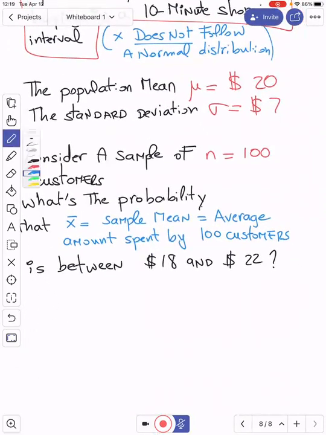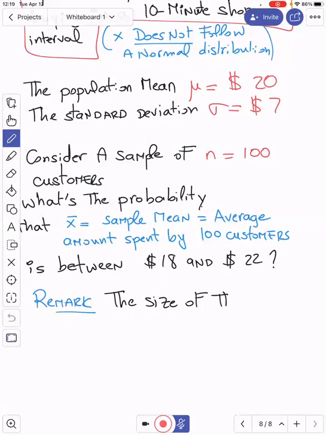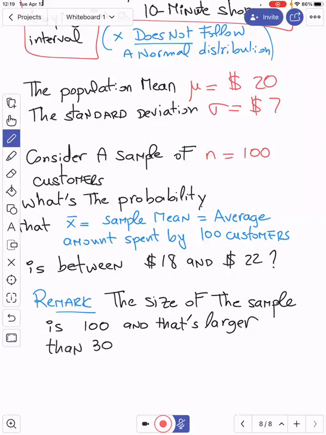As a remark before answering the question, the size of the sample in this exercise is 100. We have 100 customers, and that's larger than 30. So we can use version 2 of our theorem.